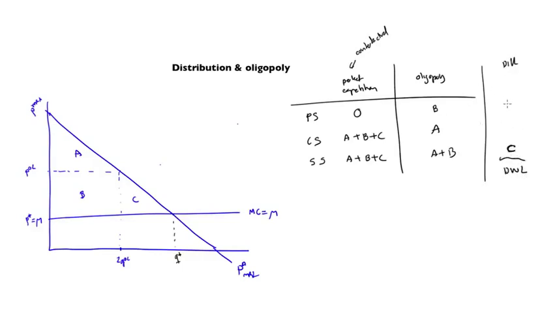And notice that producer surplus goes up by B, and consumer surplus goes down by B plus C. So not only do we have a transfer to producers, we have a loss of social surplus.